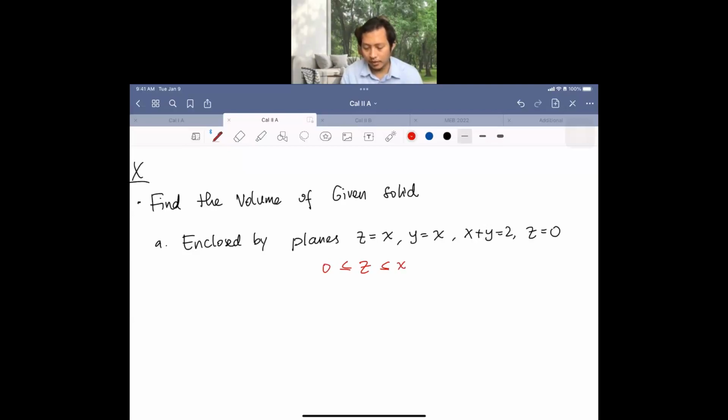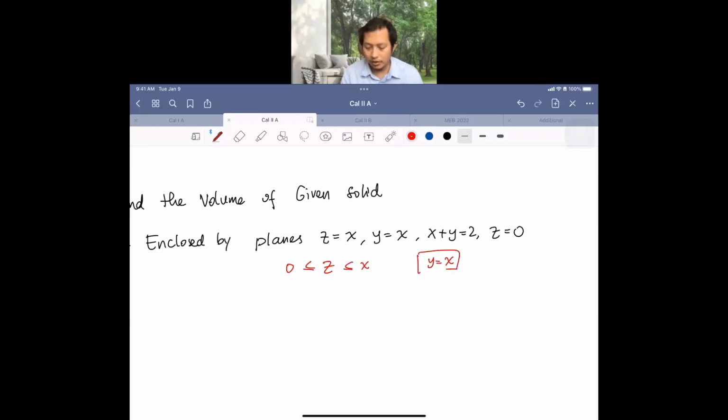And y equals x, which means we can treat this in terms of y or x. If we treat with y, then we will have x, and then 2 minus x.